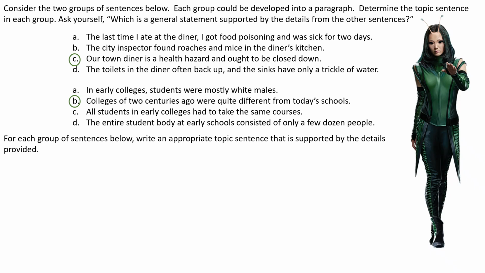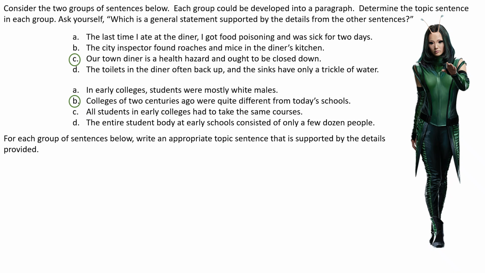Colleges of 2 centuries ago were quite different from today's schools. So colleges from centuries ago is the topic, and they're quite different from today's schools is the controlling idea. And then the other 3 sentences work to prove that that's true.